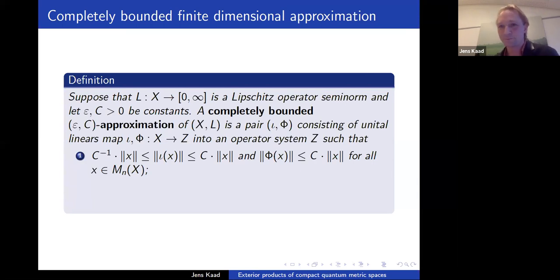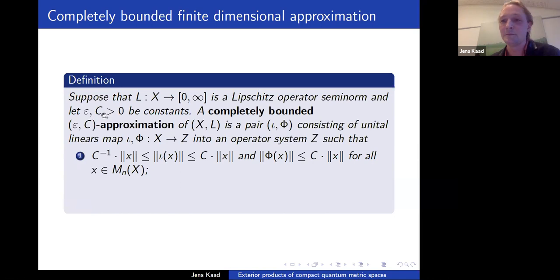Same as before. But now I have my inequalities just as before, but they should hold not just for operators inside X, but for all matrices of operators in X. So what are they saying now, these inequalities? It says that iota here is completely bounded, and the inverse of iota is also completely bounded. I have an upper bound on the completely bounded norm.